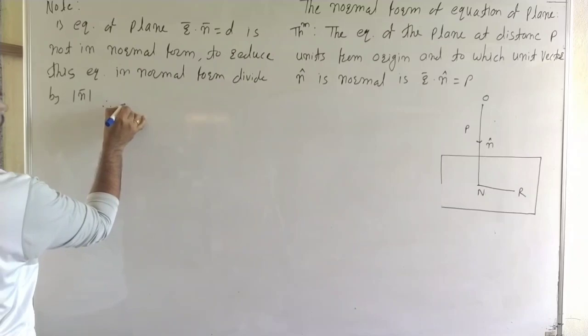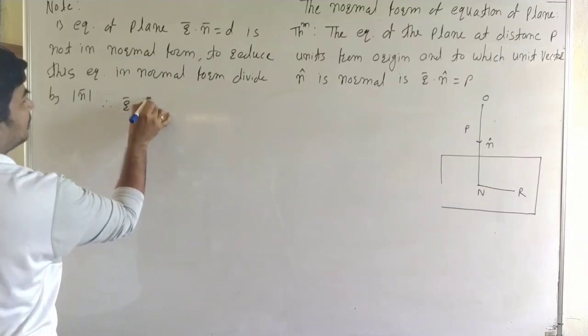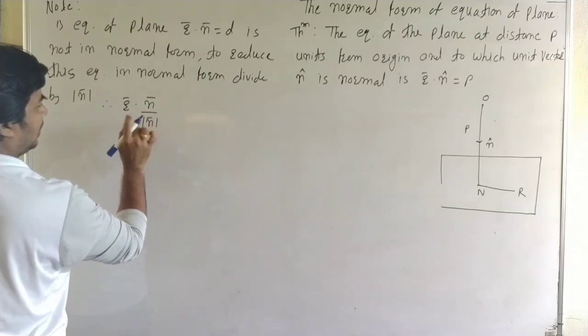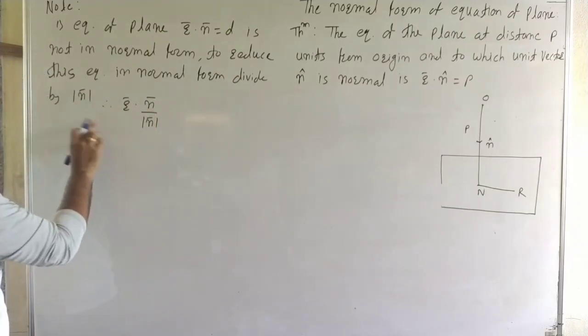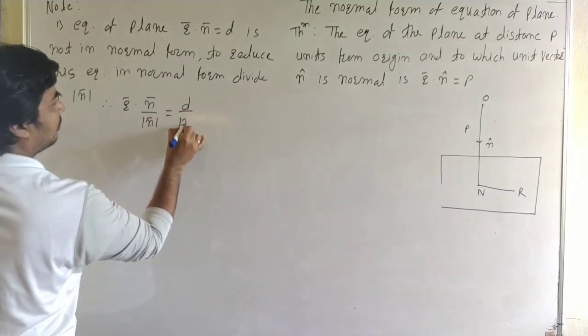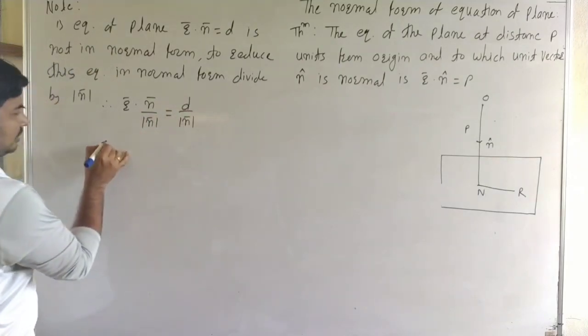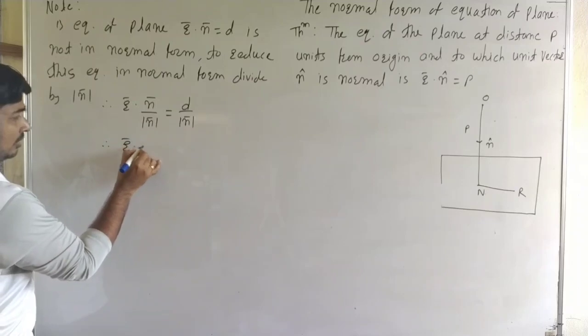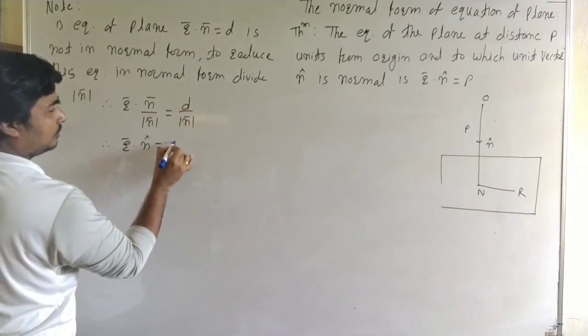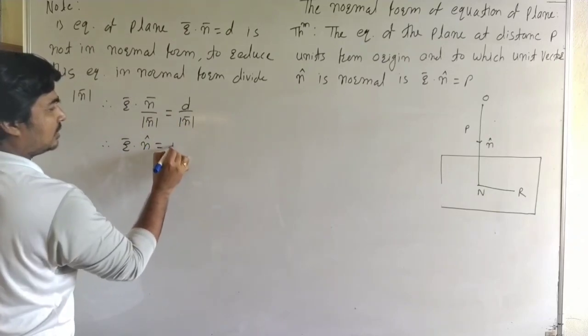Therefore we can write R bar dot N bar upon magnitude of N bar, where 1 upon magnitude of N bar is a scalar. Then d upon magnitude of N bar, and therefore this can be written as R bar dot N cap is equal to d upon magnitude of N bar, so it is P.